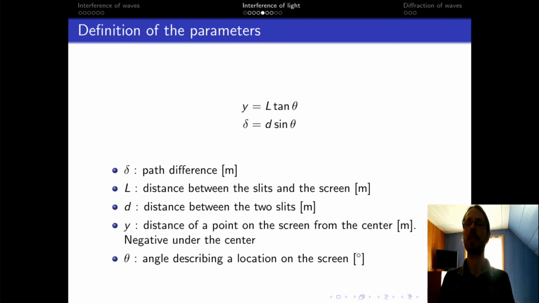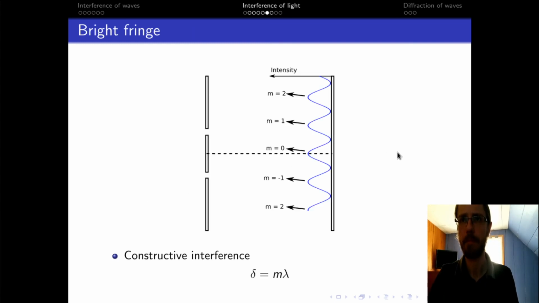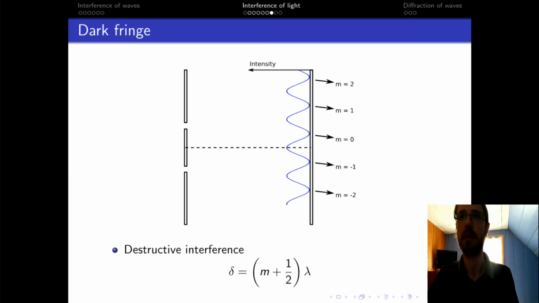So you can use a general method by combining these equations, knowing the two angles are the same, to find the position of the fringe, the distance between the slits, the distance between the screen and the slits, and so on. If the angle we're looking at, so the angle between the center and somewhere we're looking at, is small, we can make further development in our expressions.